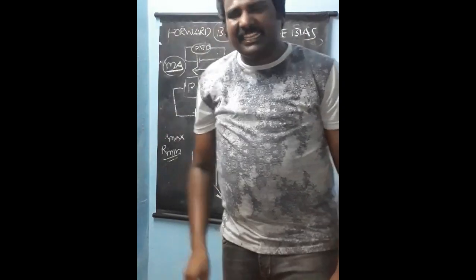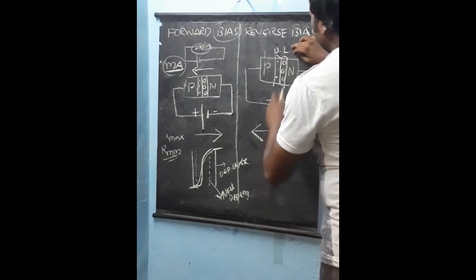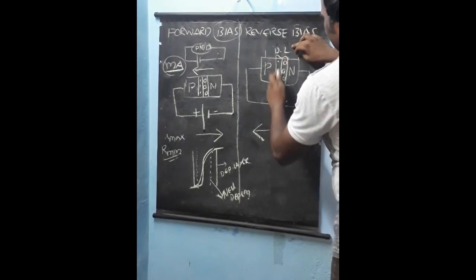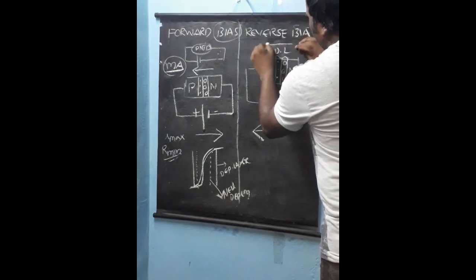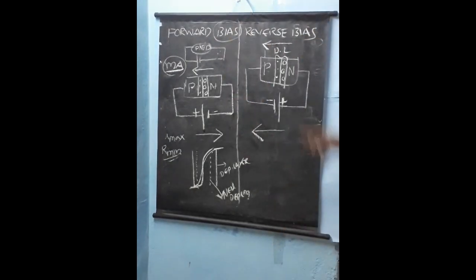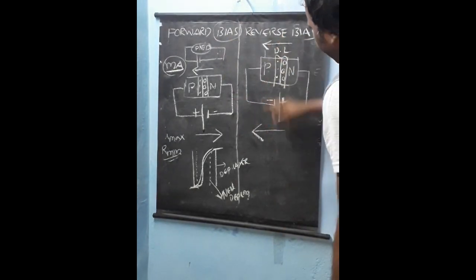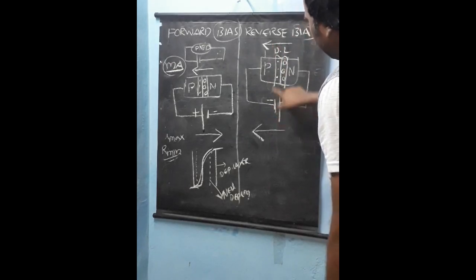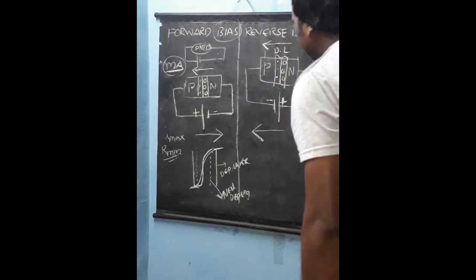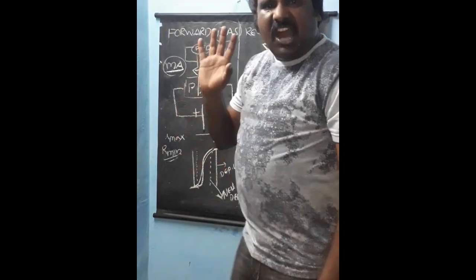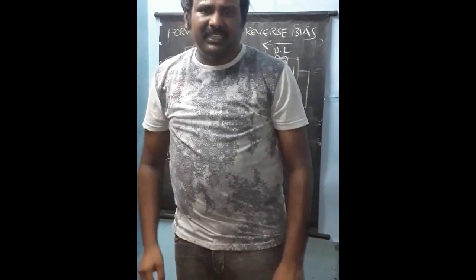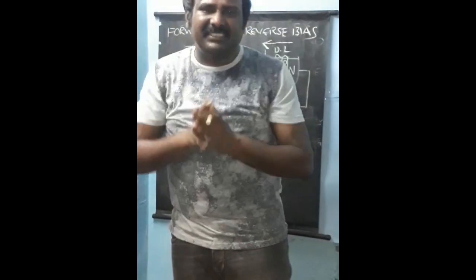Look at the direction of the electric field in the depletion layer. This is the depletion layer. These are holes, these are electrons. Positive to negative. Holes are positive. So positive to negative. Both the electric fields, due to the battery and due to the depletion layer, are in the same direction. If both electric fields are in the same direction, the electric field increases.